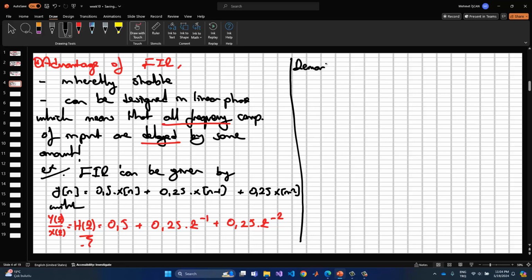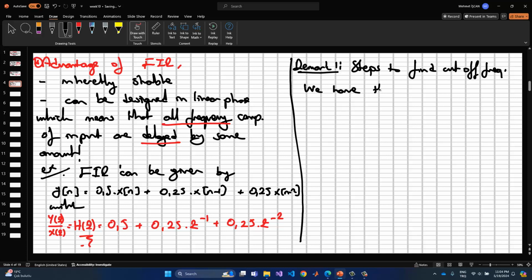After that, we should write a remark here. In order to design these filters, the step is to find the cutoff frequency. This is the important part, and we have a procedure for this.